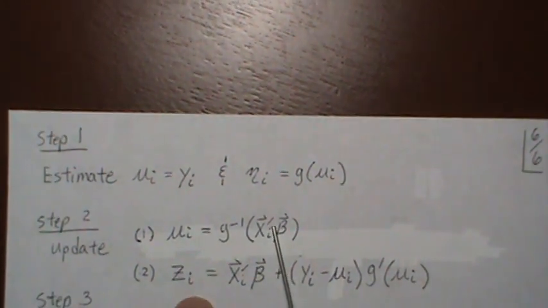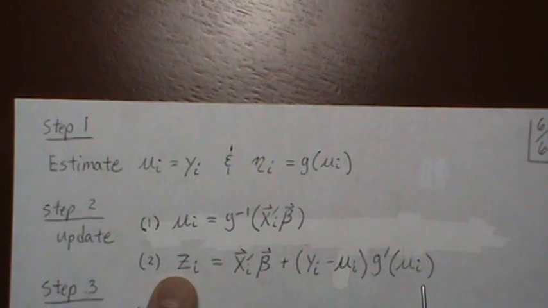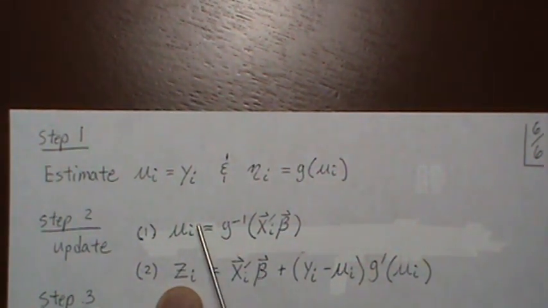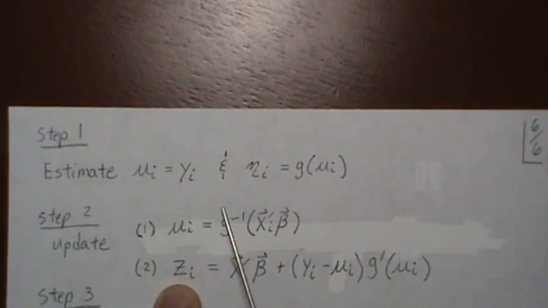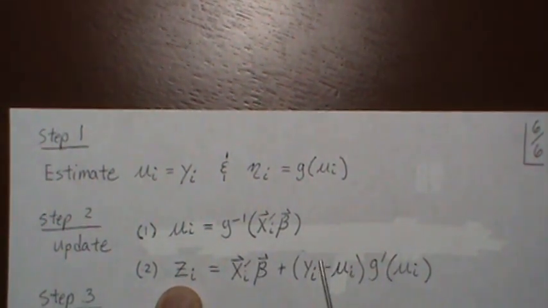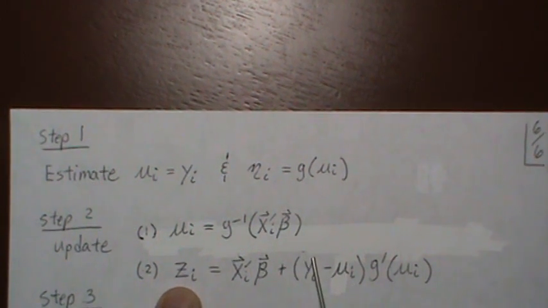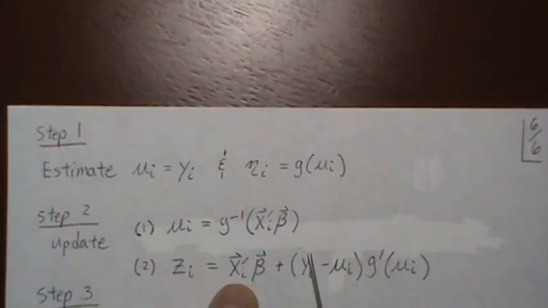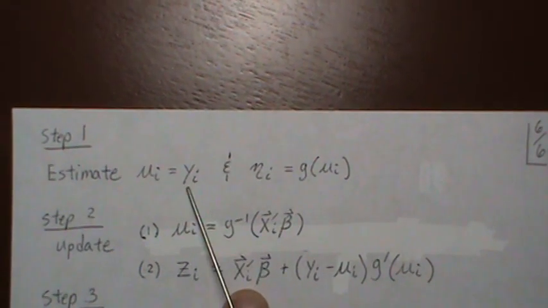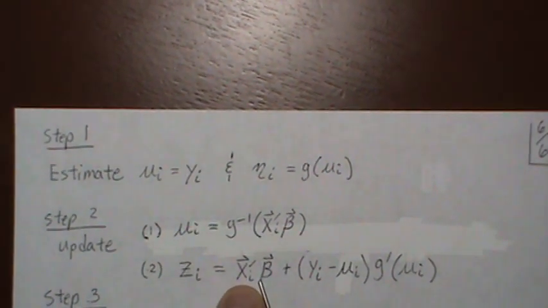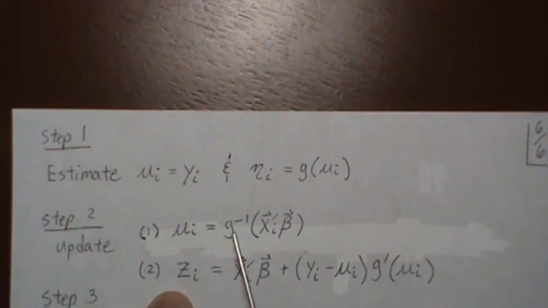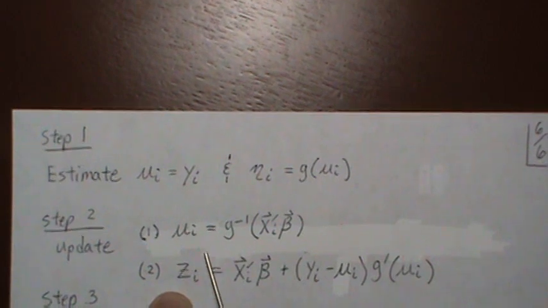Now, remember our zi was this. So instead of eta, I just put our linear combination. So our first estimate of yi, if we put yi here, that's 0. So this goes away for our first estimate. And then we're just left with this, but that's estimated by the link of our data, right? So that's the first estimate. And this right here will make more sense when we get to step 3.